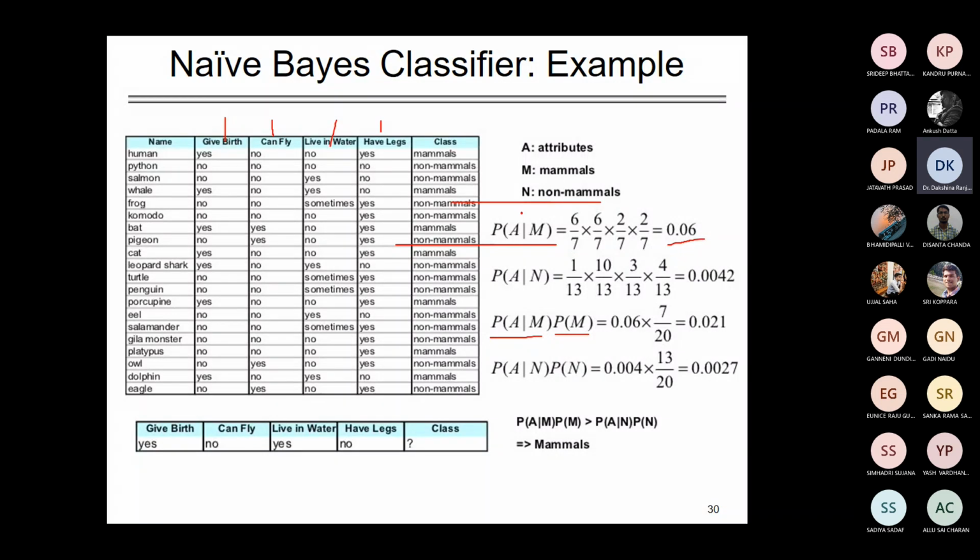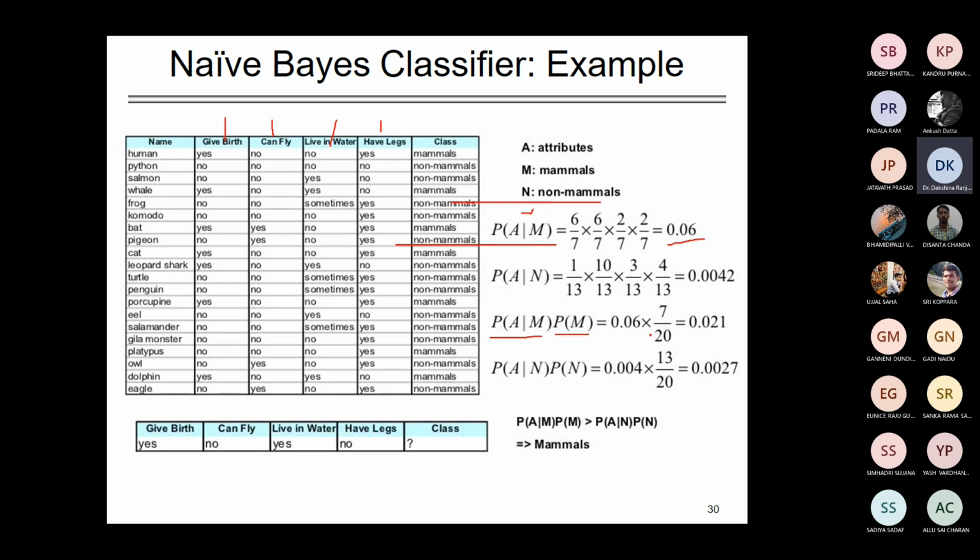This is called the marginal estimation, which can be obtained by getting the product of the marginal estimation independently on each feature, on each attribute. And here we get the multiplication between this probability and the marginal probability of m.